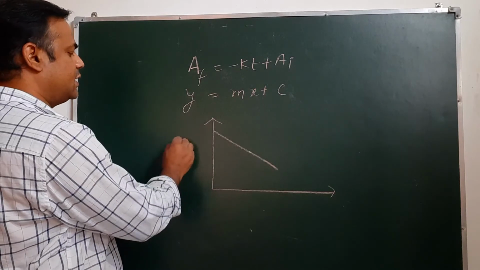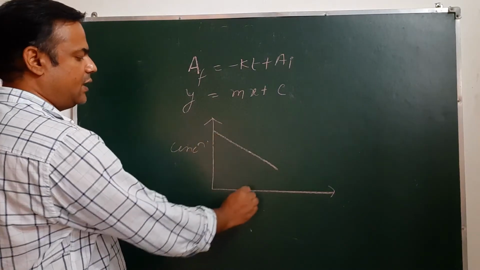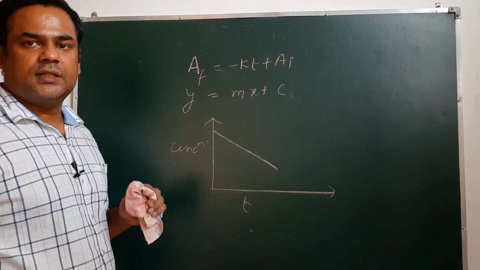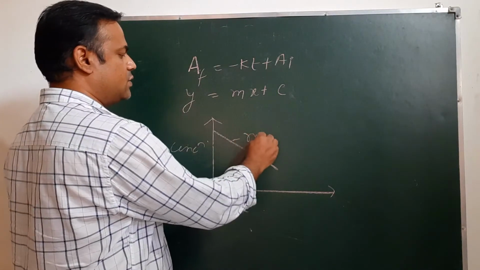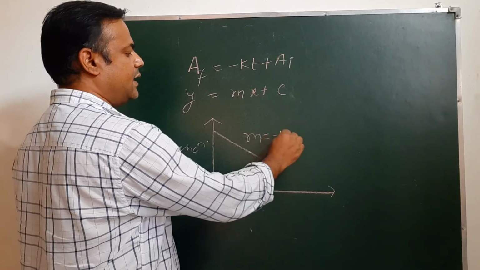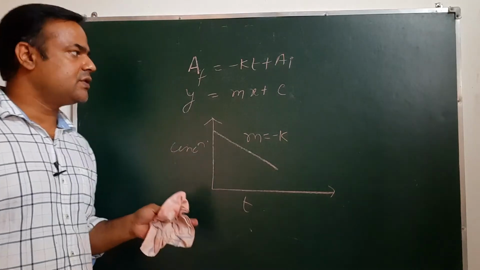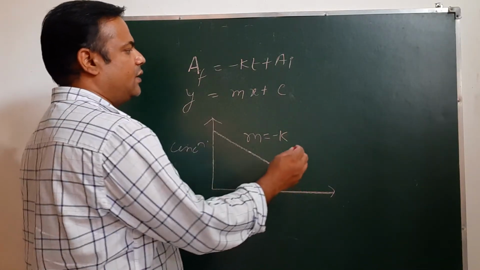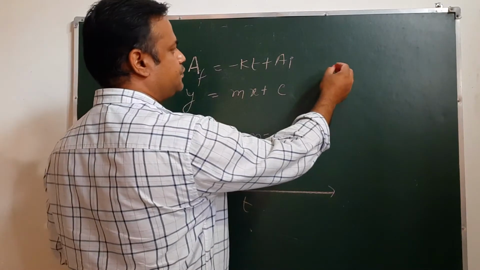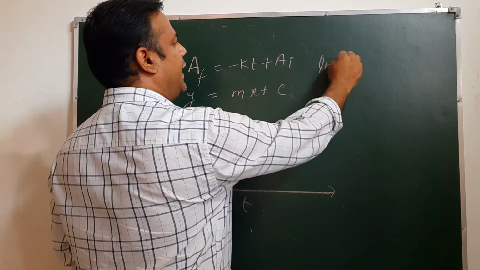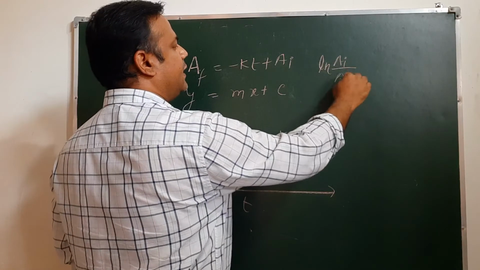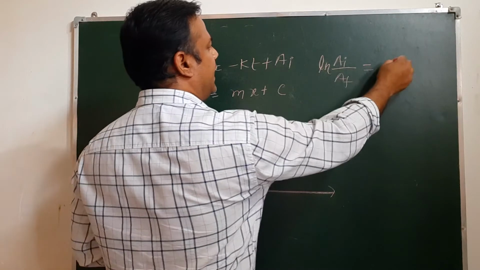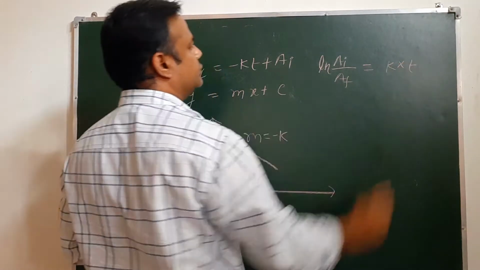If we take here concentration and if we take here time, then we'll have this graph with the slope m equals to minus k. Now if we see the first order reaction, then in first order reaction we have ln A initial upon A final equals to k into t.